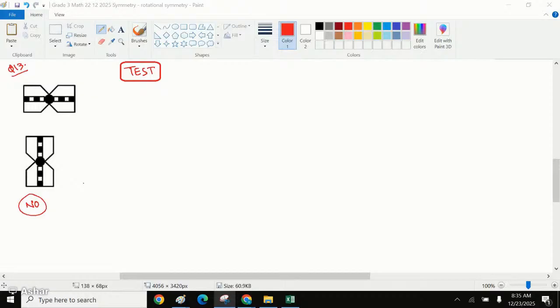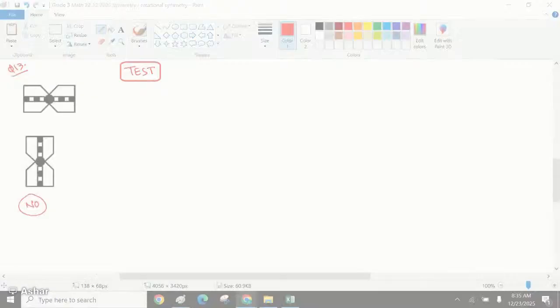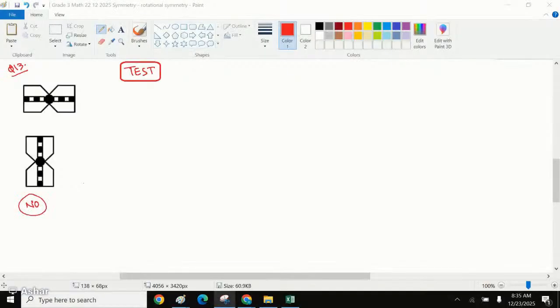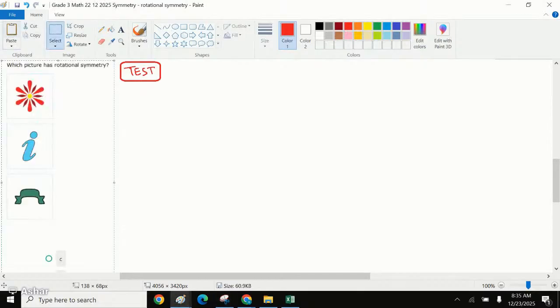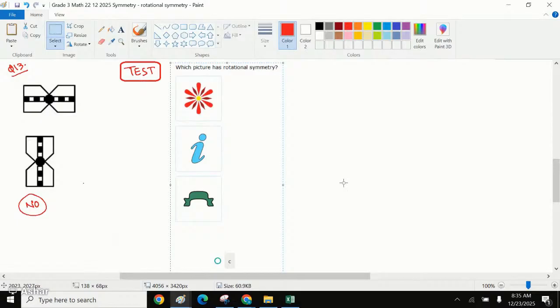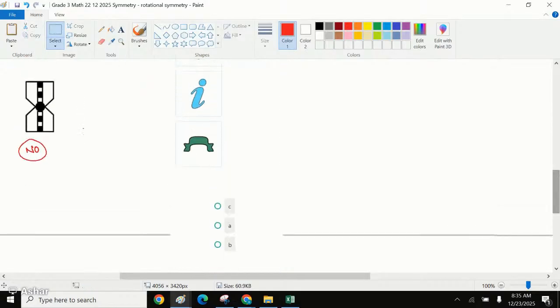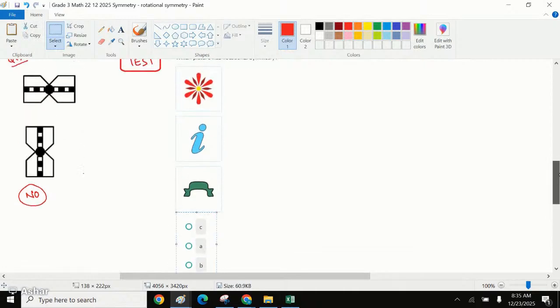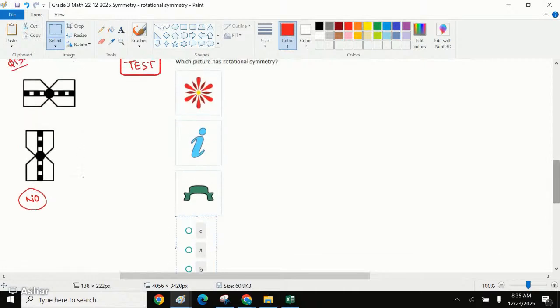Let's pick up this ABC. Sorry, I'll just copy this again. Question number 1 says, these are the options given to us. I'll just bring up the options A, B, and C, and we'll see which option has a rotational symmetry, right? A, B, or C. We did this question previously.